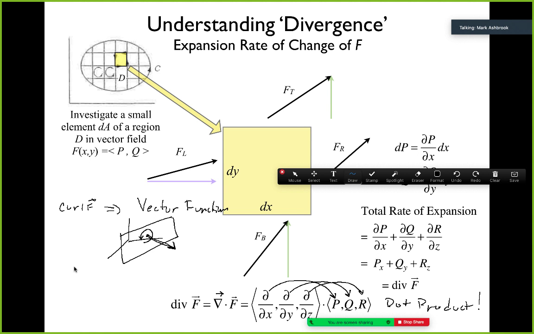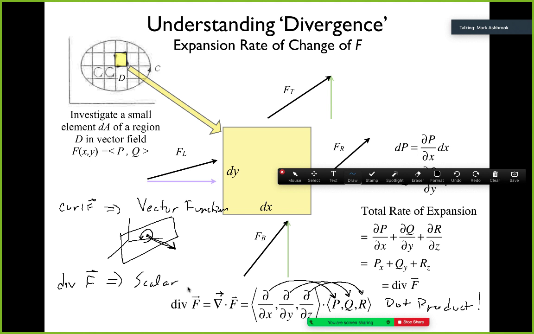Okay, but divergence doesn't have direction. It's just an amount. It's just like how much expansion or how much crunching, right? So that's why we get a scalar function. It's still pointwise. It's still different in different locations, but all it is is a number that indicates, if it's positive, how much expansion tendency there is.